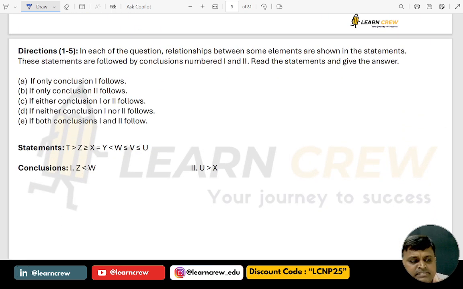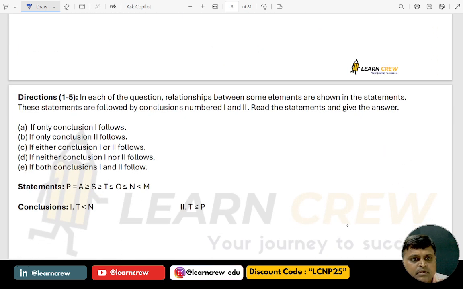Next, between Z and W, here greater, here lesser. So no relationship can be established in the first conclusion. Second one, U and X. Between U and X, you have only one inequality, less than or equal to. So you can say X less than U. So U greater than X is correct.